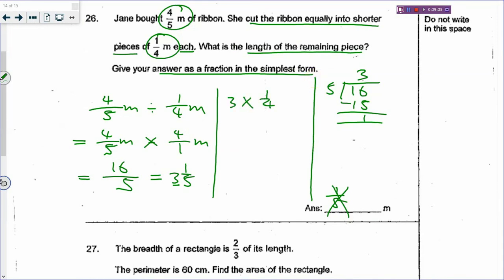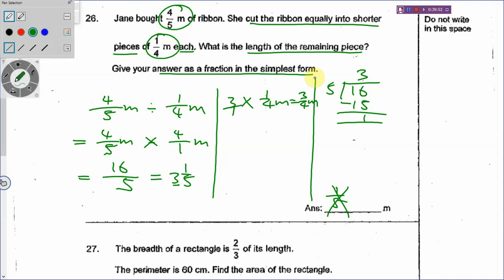Every piece is 1/4 meter each. So how long do you use? You use 3/4 meter. How do you get 3/4 meter? Change the whole number into a fraction, so you have 3 times 1 and then 1 times 4.